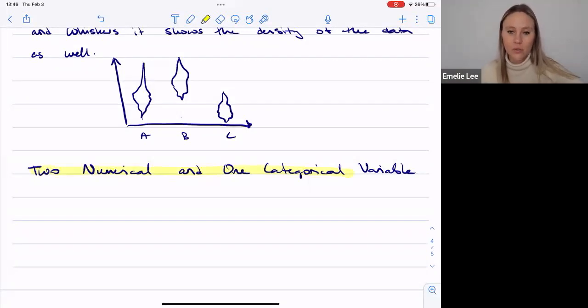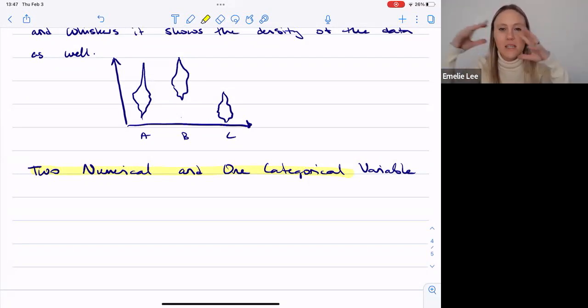Oh my gosh, what are we going to do here? Well, it's okay, right? What can we do? Well, for two numerical variables, we're going to make a scatter plot, right? Or some version of a scatter plot. And then if I incorporate a categorical variable, then what can I do? I can split those scatter plots by the categories, right? And then I have these individual scatter plots essentially, right?